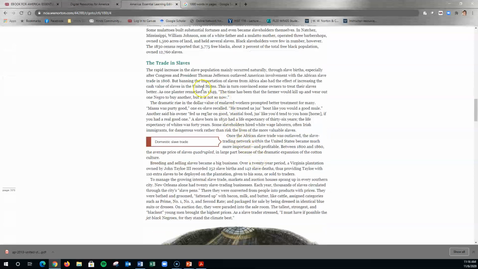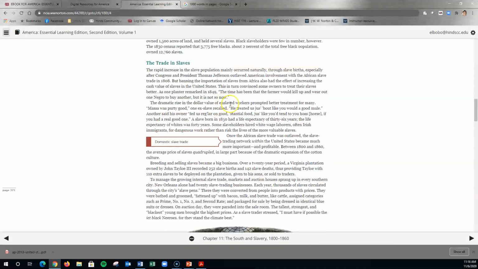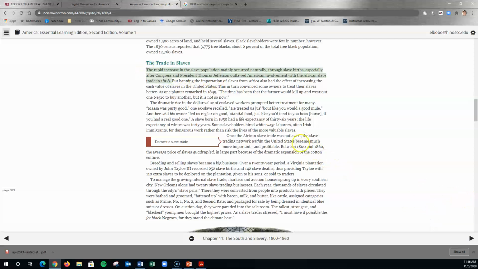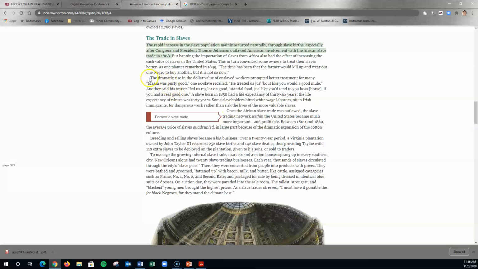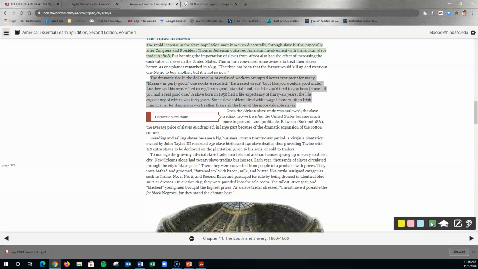Technically, the slave trade is over. The slave trade had been outlawed in 1808, so that had forced slavery into a new direction. Once the slave trade closed, domestic slaves became much more valuable, and so slaves became more expensive.